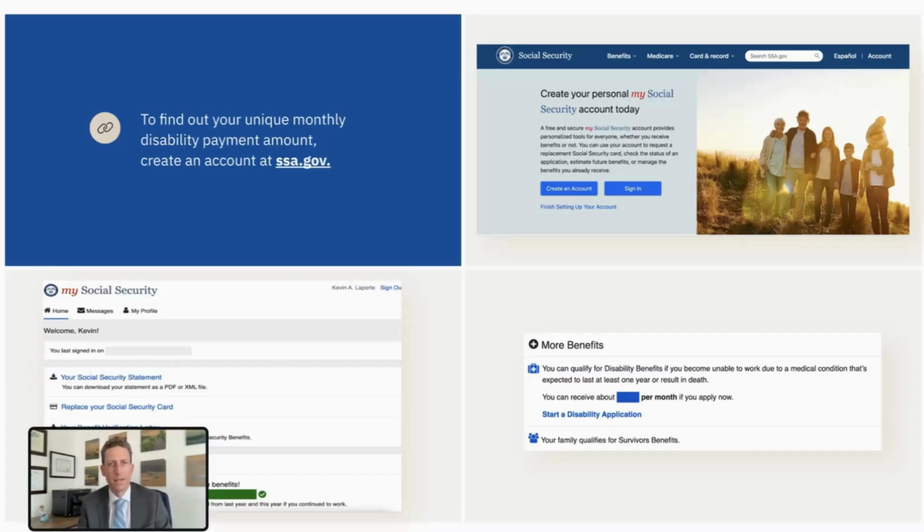So the MySSA account, it's very important to create this before going through a disability application. That way you can get all the numbers, you can find out what the amounts are, just so that there's no surprises. And then also, importantly, you can check to see whether you've paid enough Social Security taxes to have funded or to be insured for the disability benefit.